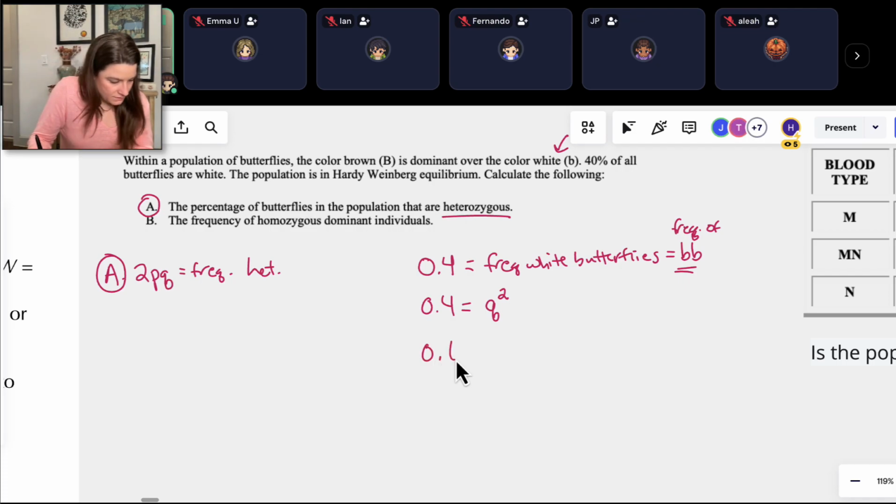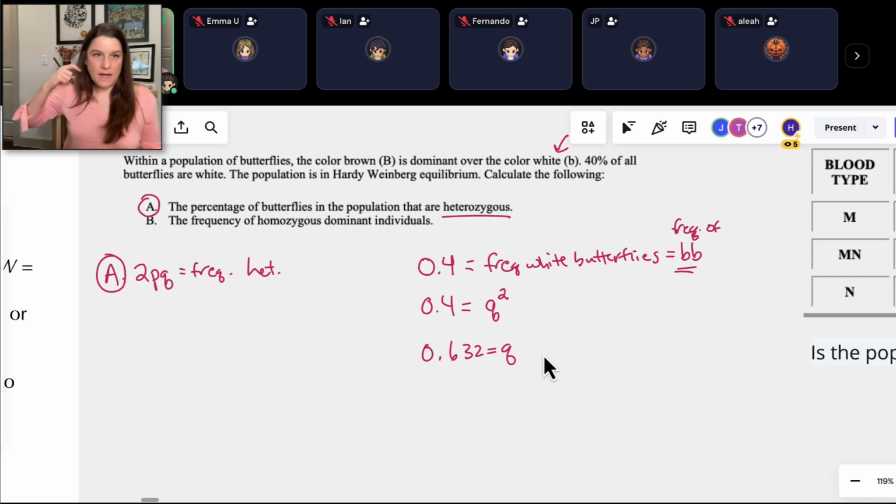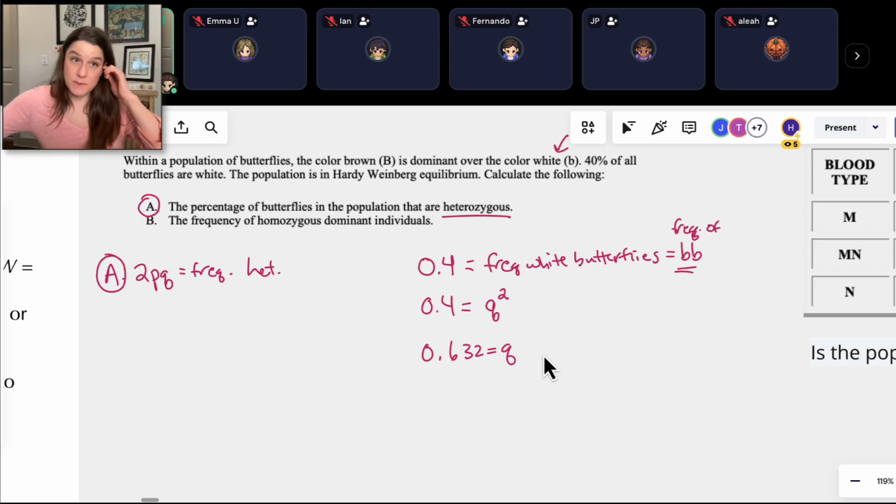So 0.632 equals q. Great. And then what else do we need to figure out heterozygote information? p. And it's easy for p and q, right? Because p and q tell you what portion of the alleles are big B and what portion of the alleles are little b.